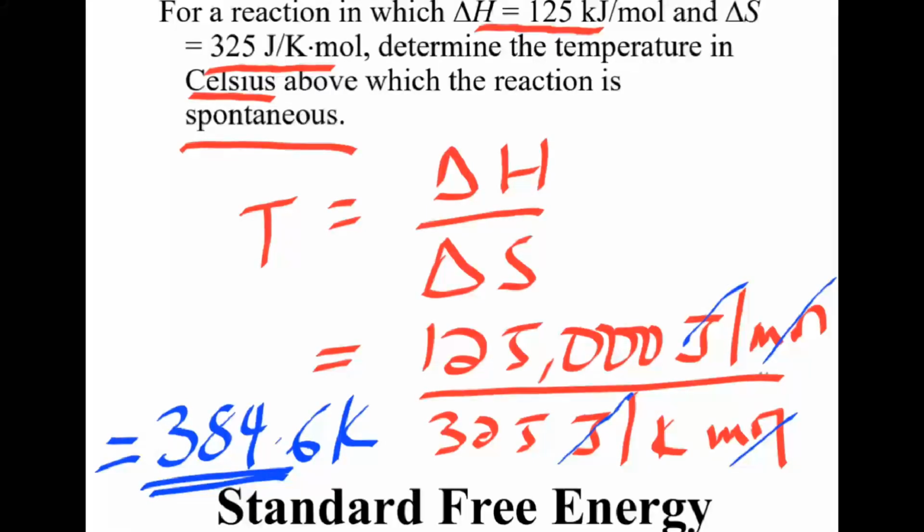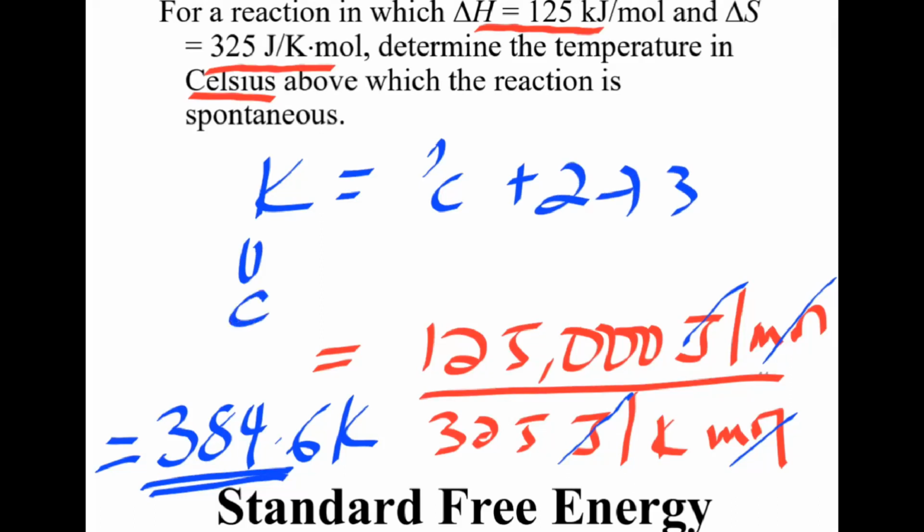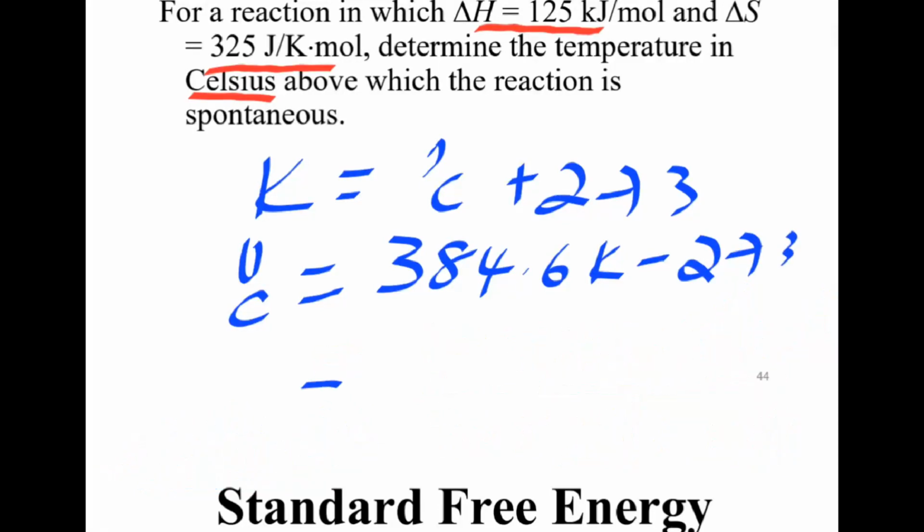So the temperature in degree Celsius will be Kelvin is equal to degree Celsius plus 273. Therefore, degree Celsius will be 384.6 Kelvin minus 273. This gives us 111.6 degree Celsius.